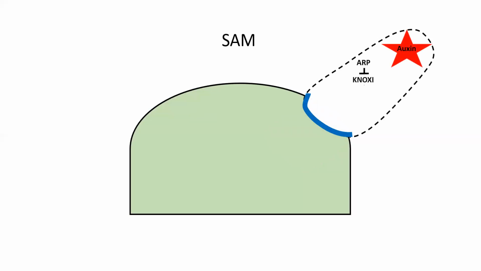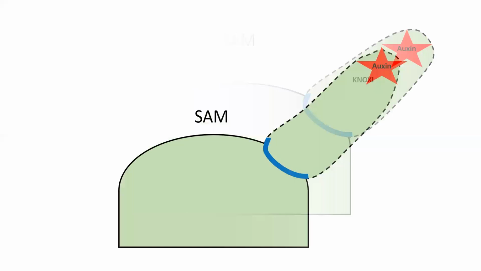Within the leaf primordia, the asymmetric leaves 1, or ARP genes, repress the expression of KNOX1. This leads to high levels of gibberellins in the leaf primordia, which promotes growth and differentiation. Unlike simple leaves, however, in compound leaves, the KNOX1 genes become reactivated in the developing leaf primordia.